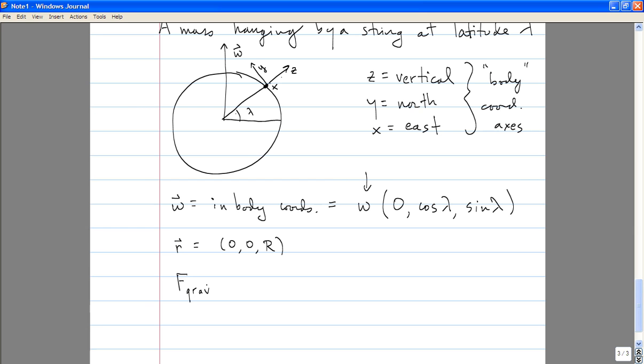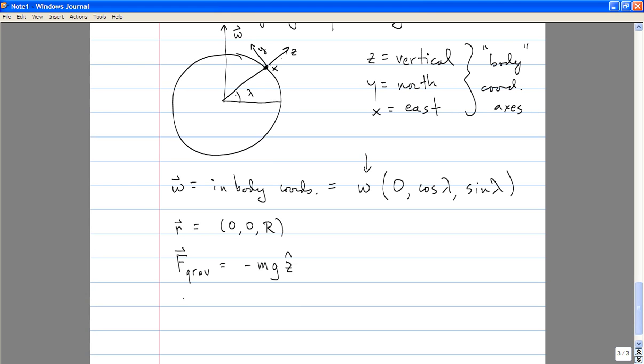The gravitational force is, of course, just minus mg z hat, and the centrifugal force is minus m omega cross (omega cross r). Let's work that out.